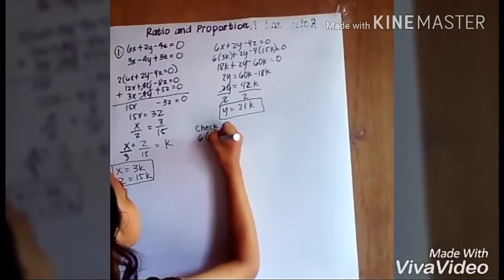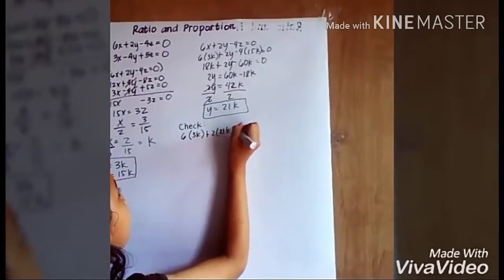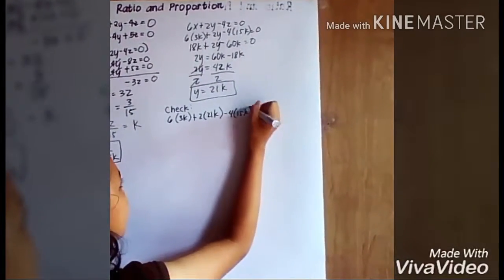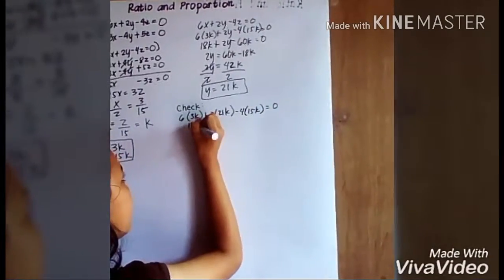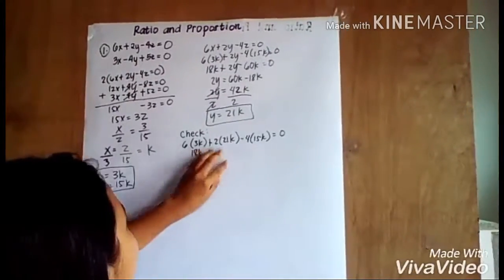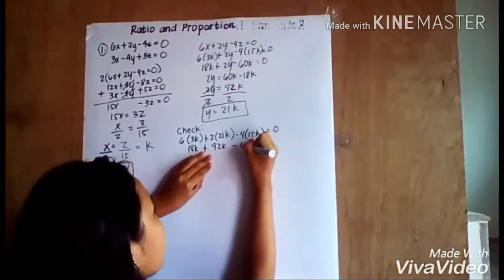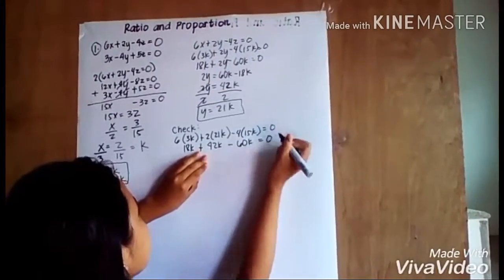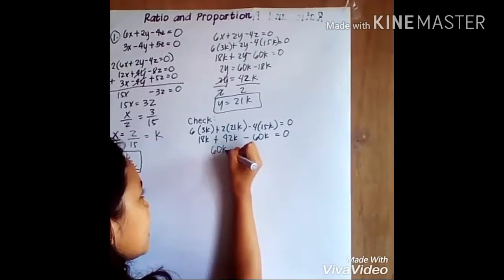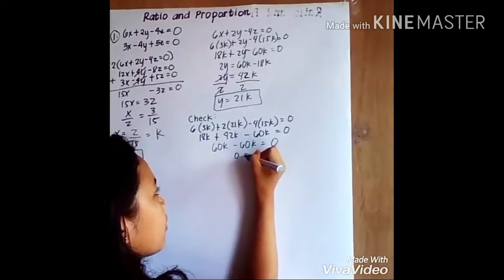So 6 times 3k plus 2 times 21k minus 4 times 15k is equal to 0. So 18k plus 2 times 21 is equal to 42k minus 15 times 4 is equal to 60k. So 18k plus 42k is equal to 60k minus 60k is equal to 0. So 0 is equal to 0.